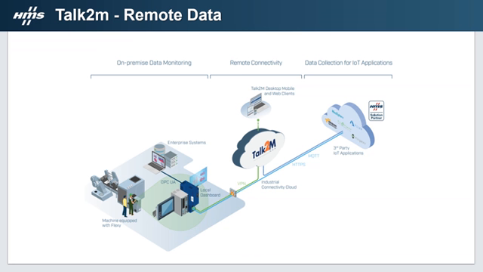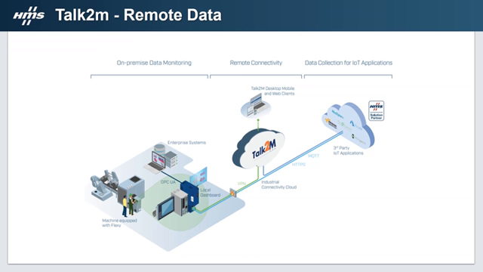With the VPN connection from the remote location on the left to the Talk2M cloud, it's possible to store your data for a limited period of time to eventually move it to your IoT application on the right side. This can be a cloud platform or a local database with some visualization layers on top.